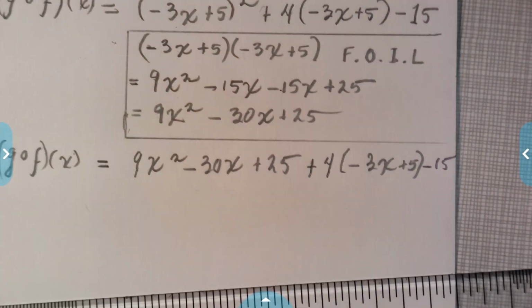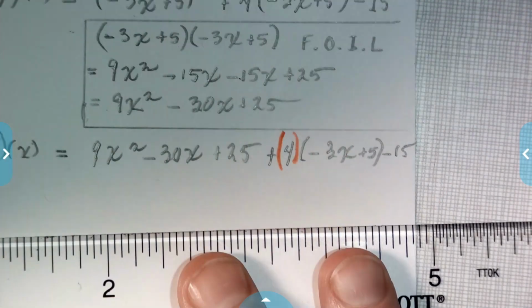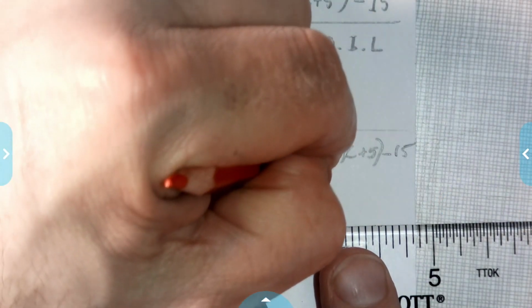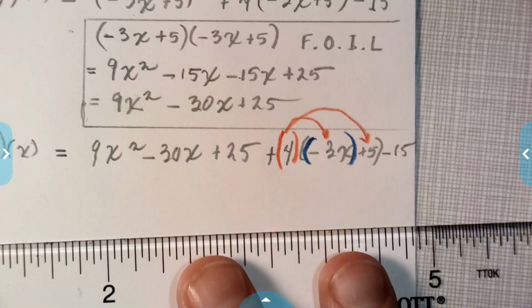Okay, so our task is to distribute this 4, and then just remember that's a negative 3x right there. We're going to distribute here and distribute to that 5 right there.